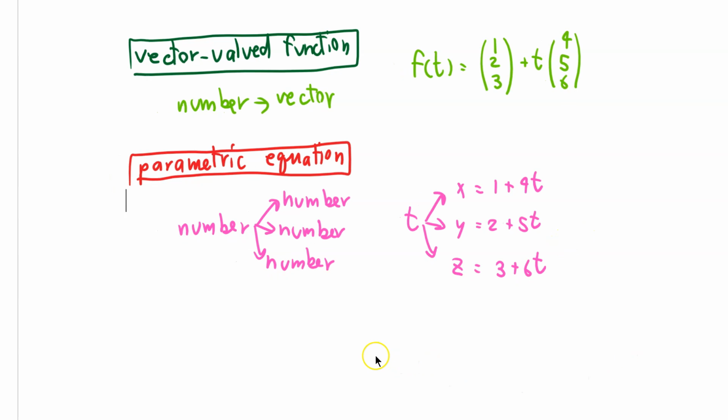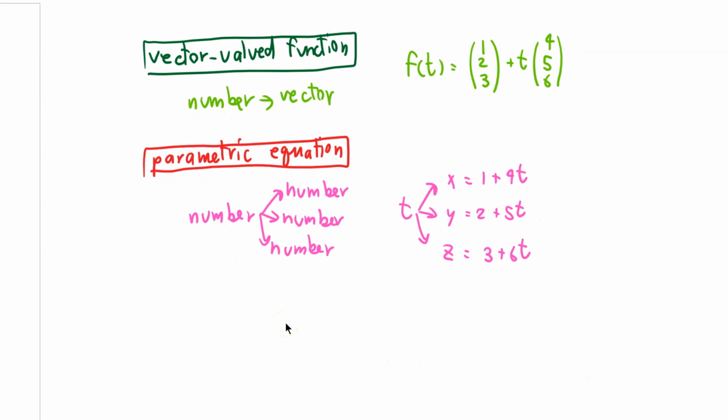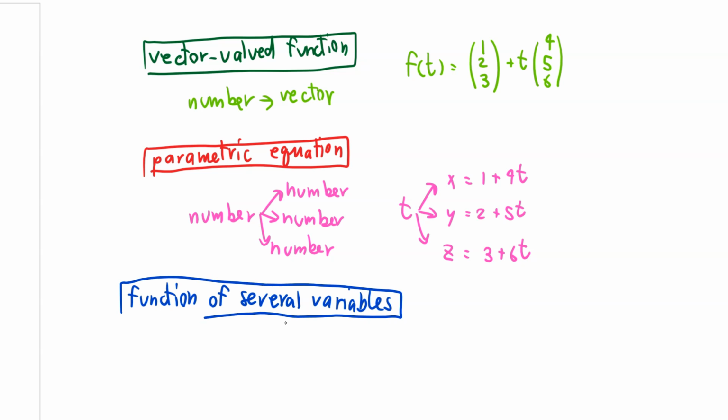Now, the topic for this lecture is going to be about functions of several variables. Here, when we have a function of several variables, the opposite scenario is going to happen.